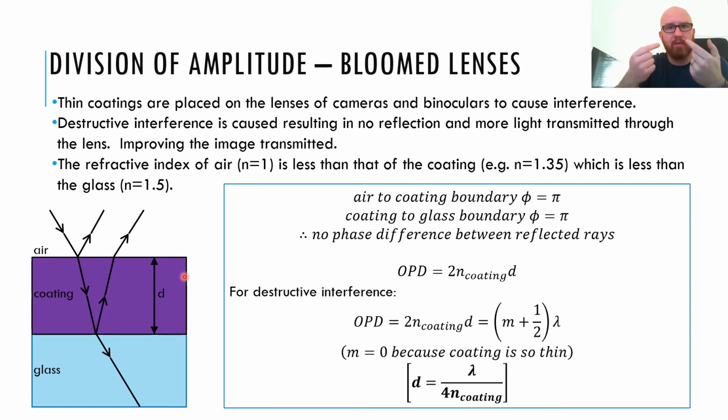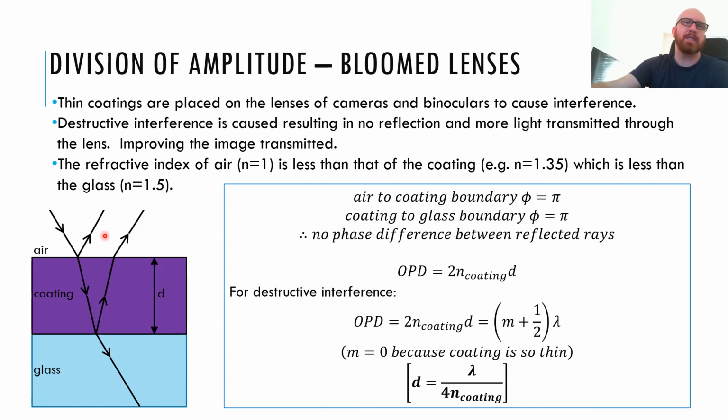The non-reflective coatings and lenses are to stop the reflections, so for others around about you, you can see your eyes, but also to maximise the amount of light that's going in and stop any of that amplitude getting reflected back and not being taken in by the eye. So destructive interference is resulting in no reflection and more light transmitted through the lens.